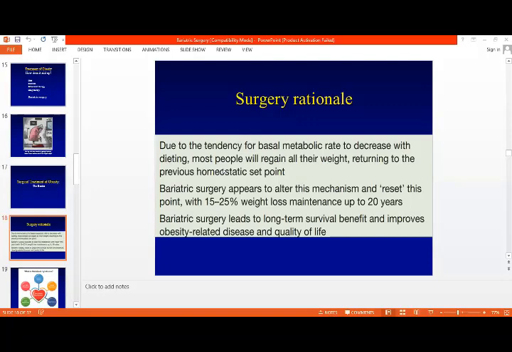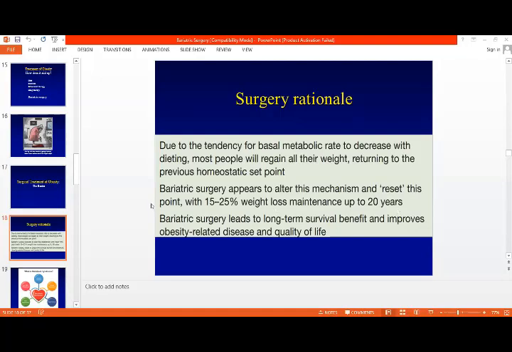Number two thing is, it has been noted that bariatric surgery somehow alters this mechanism, and the basal metabolic rate does not go down, and sometimes it may go up actually, and your homeostatic set point is reset. And there is definitely 25% or 20% weight loss maintenance after 20 years, which is a very, very huge success.